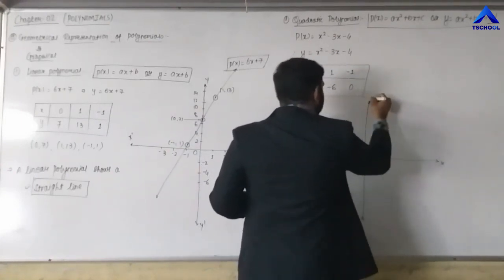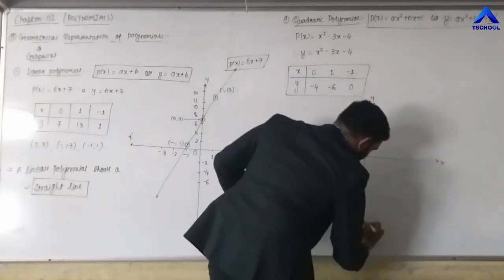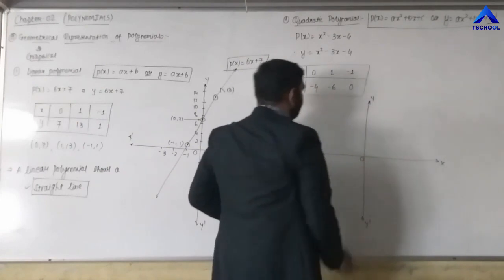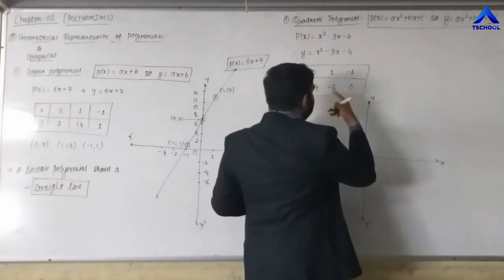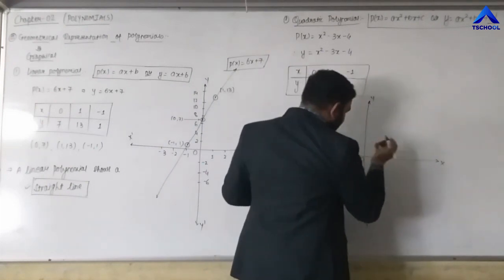That is x, y, negative x, negative y. This is our position. So on the x-axis we need 0, 1, minus 2, and on the y-axis we need 0, minus 4, minus 6.